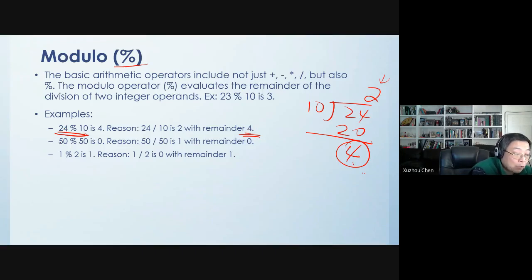Okay. Now 50 modulo 50, that's 0. Why? Because 50 can be divided by 50, so there's no remainder left. The remainder is 0. And 1 modulo 2 is 1, because 1 divided by 2, you get a quotient of 0 and remainder 1. Okay. So that's a remainder.